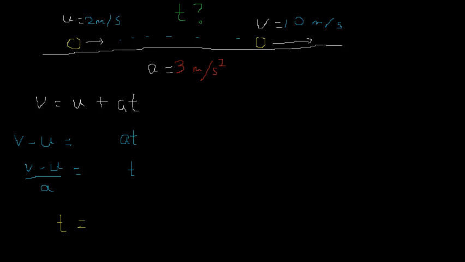I'm going to have v minus u. Let's look for v and u. That's v, that's u. So v minus u would be 10 minus 2.